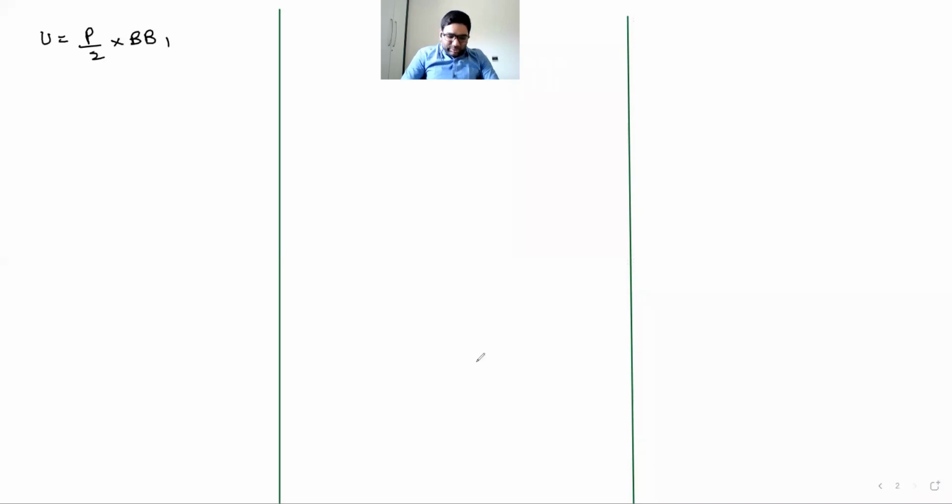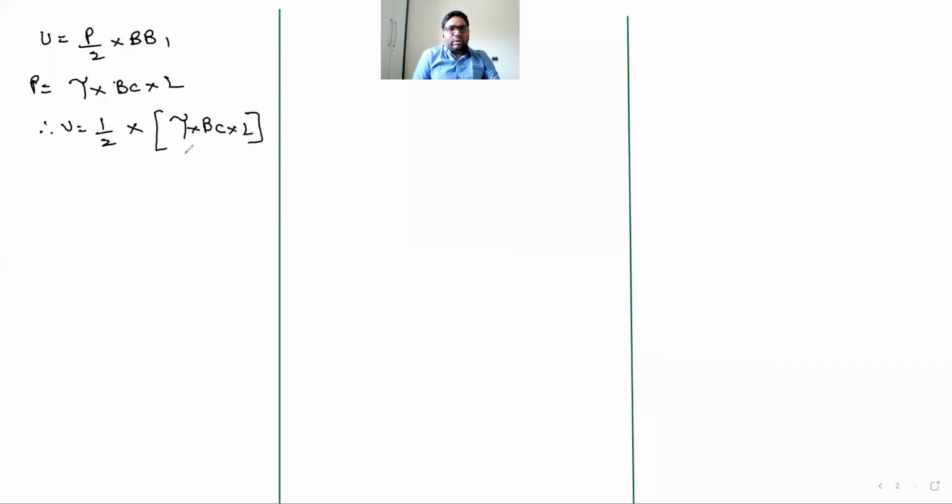So now what is P? P is equal to tau into that expression BC into L. So therefore U is equal to half into tau into BC into L into BB1.